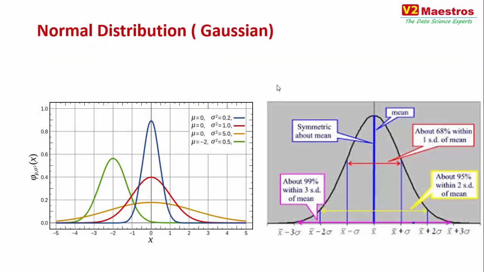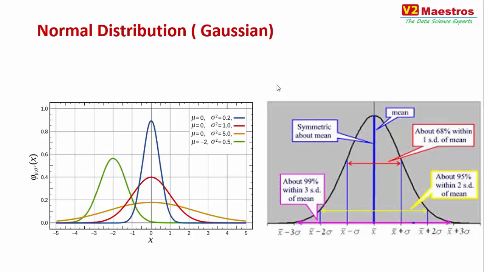One of the most popular distributions that you see is called the normal distribution, or the Gaussian distribution. So what is a normal distribution? A normal distribution is a distribution where, when you plot the values of a given data set on a chart, it takes the shape of a normal curve.